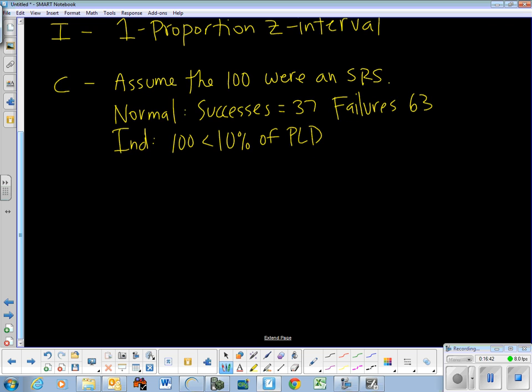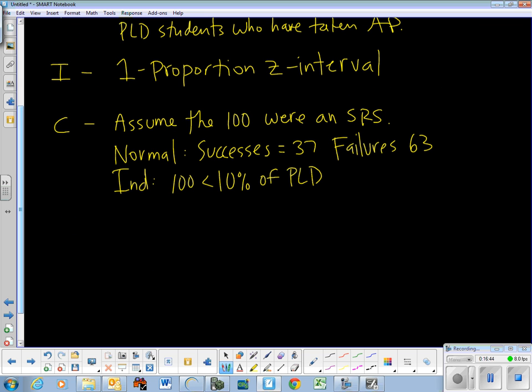Now, actually calculate it. All right, so here's where we get to the good stuff, the math. We need some numbers. P hat, plus or minus, Z star, square root, P hat, Q hat over N. P hat, 0.37. That's the only number I really know. It's probably close. Who knows? Plus or minus Z star. Now, I went 90% just to give you an example that's not 95%.